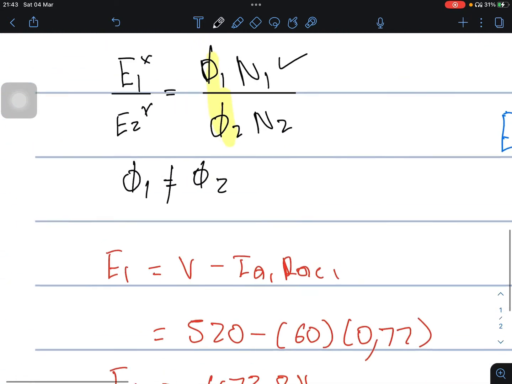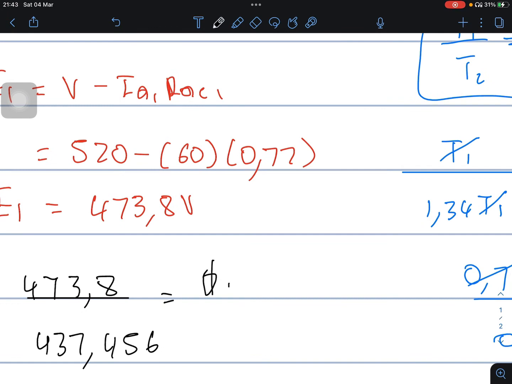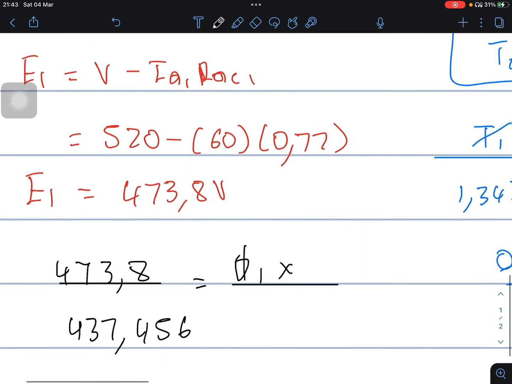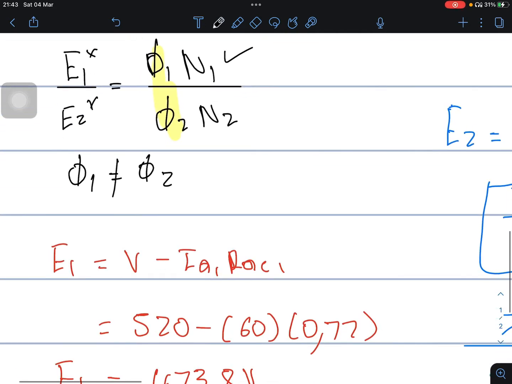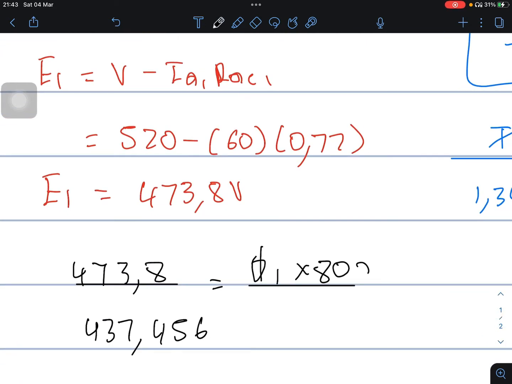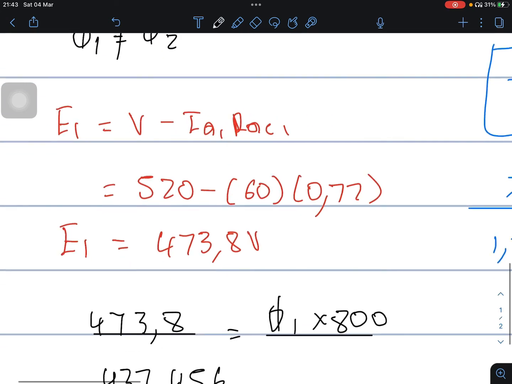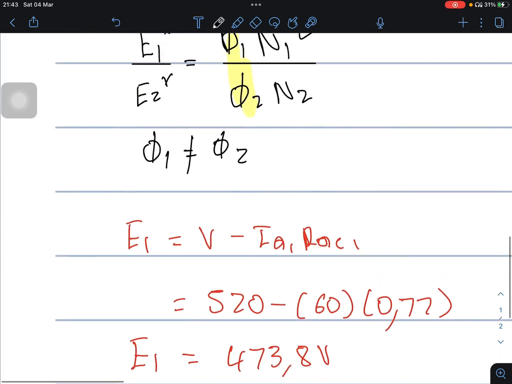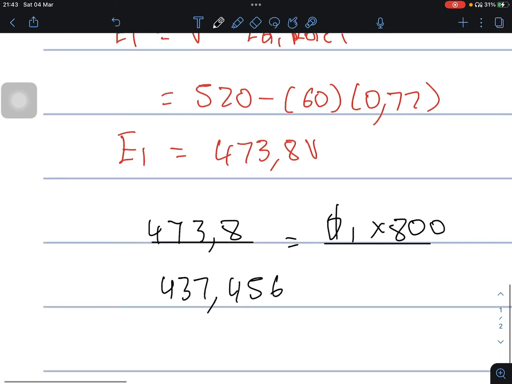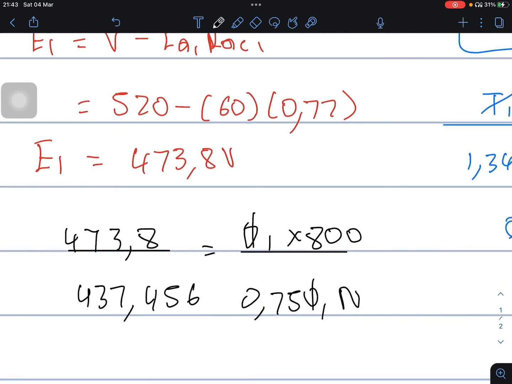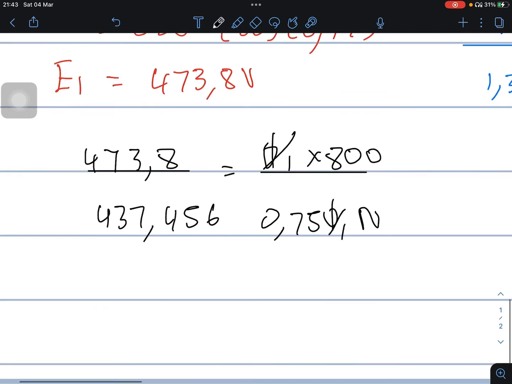Then we have flux 1 over N1, the first speed, which was 800, if I'm not mistaken, 800 revs per minute. We said we can express this flux in terms of flux 1, which is 0.75 flux 1 times N2, the one that we're trying to find, so the flux cancels.